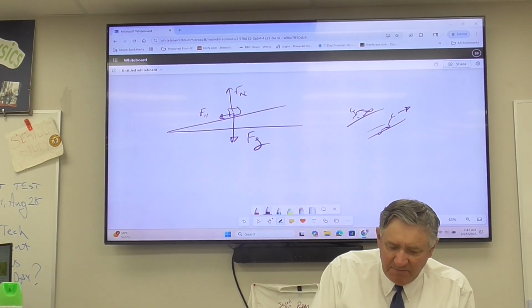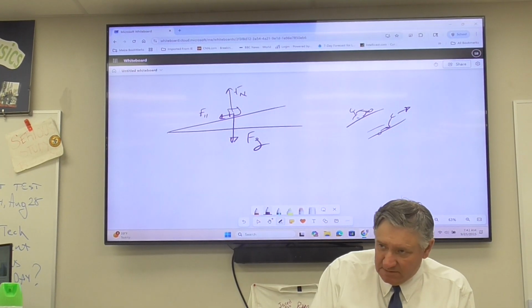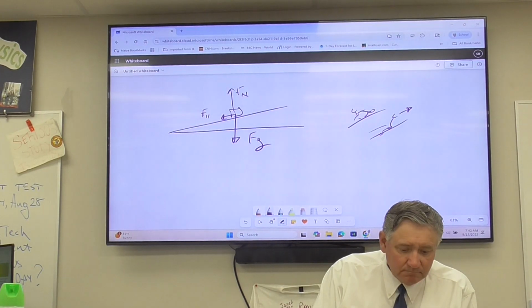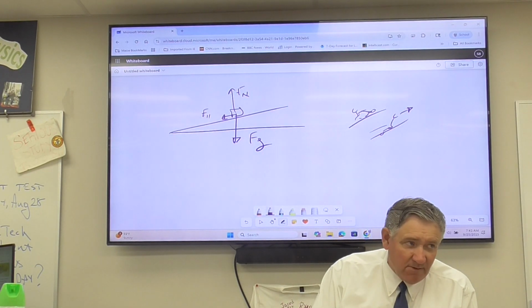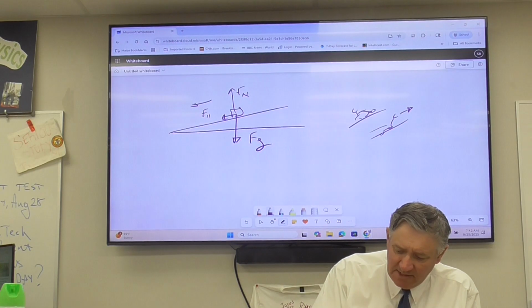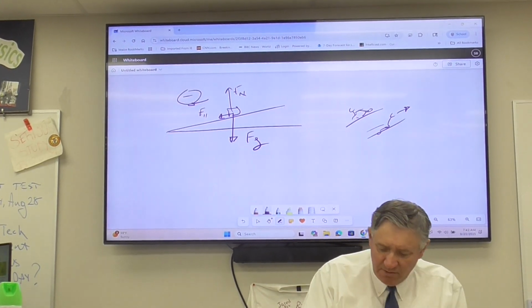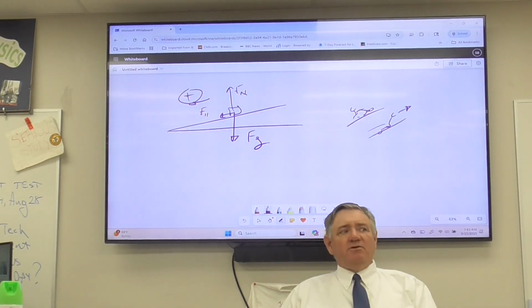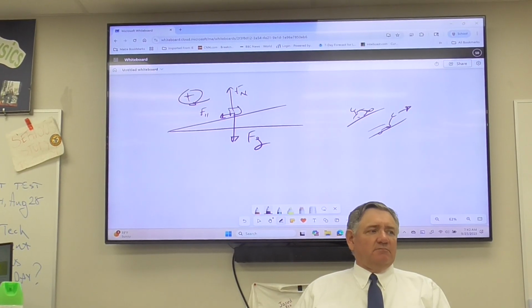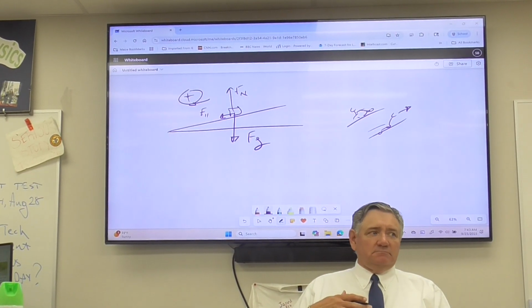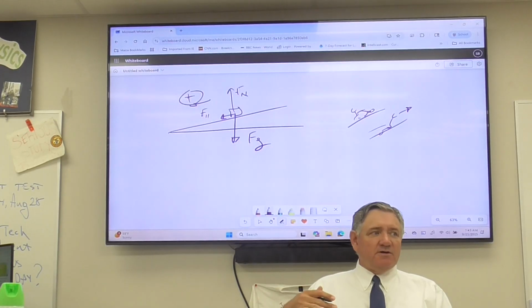Your answer to number 5 should be around 4 newtons. Would it be negative? It's up to you. It's however you want to define your system. If you want down to be negative, cool, that's going to be a negative value. If you want downhill to be a positive value, it's going to be a positive value. I don't care. There's no right or wrong answer to that question.